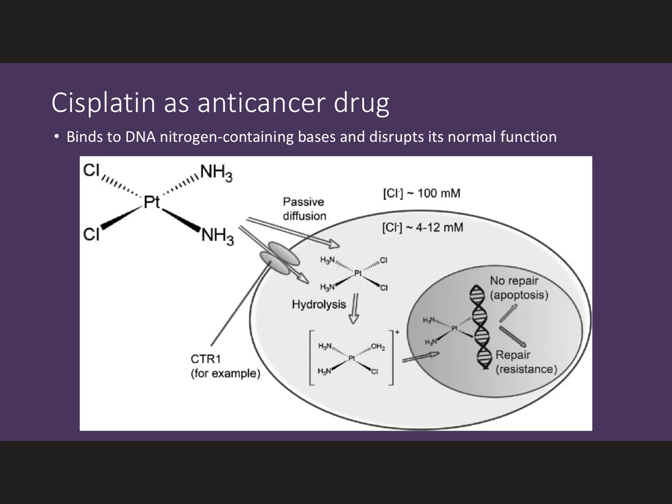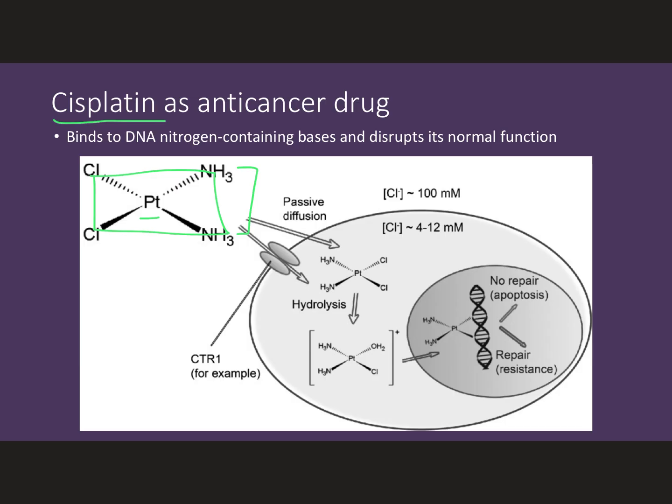A good example of a transition metal that has isomerisms that are important is the case of cisplatin, which was one of the first anti-cancer drugs. It's a relatively simple complex of platinum that is in a square planar configuration. We have the two ammonias on one side here, so that would be our cis configuration.